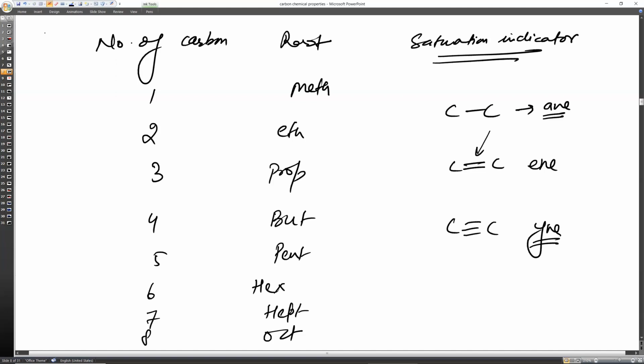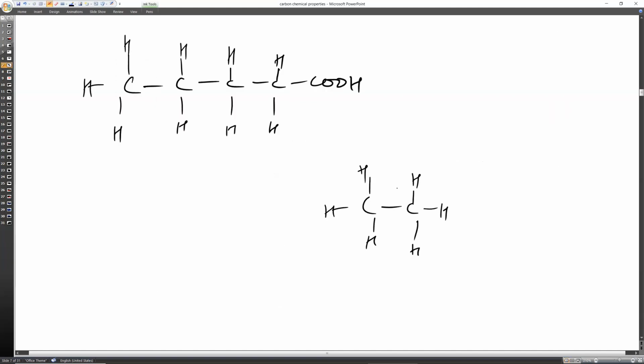Now, for example, if I write the name of this compound, there are 2 carbons, so we use eth, and there's a single bond between carbons, so we use ane. So the compound name is ethane.